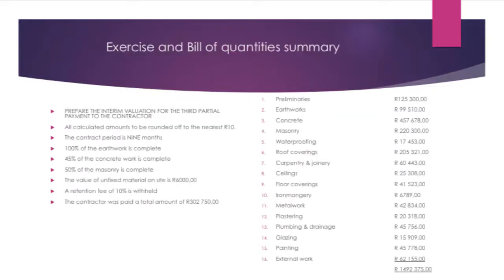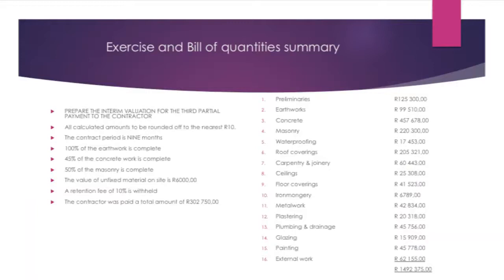And moving to the next slide, that is where we will now be dealing with the exercise and the bill of quantity summary. The exercise says prepare the interim valuation for the third partial payment to the contractor. Once we talk about the third partial payment, it means we are paying the contractor for the third time. The first payment has been made, the second payment has been made.